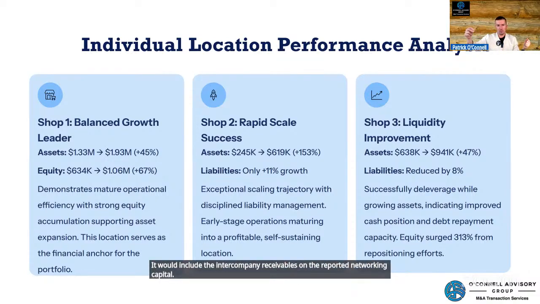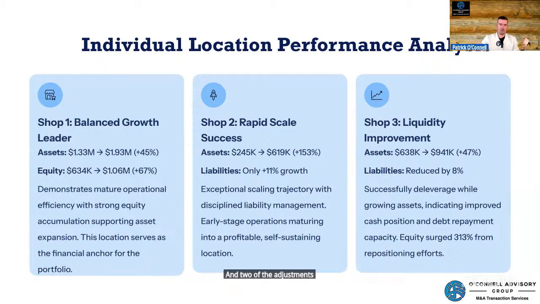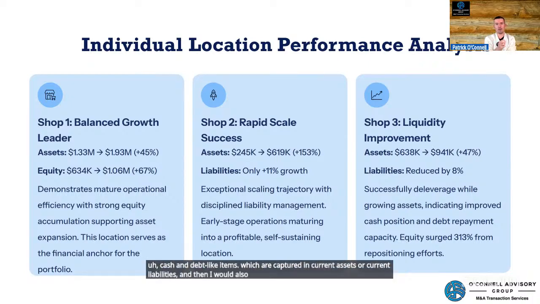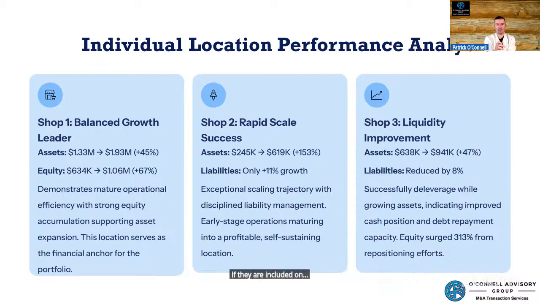Two of the adjustments you would typically make are to take out cash and debt-like items, which are captured in current assets or current liabilities, and then also pull out intercompany items if they are included in current assets.